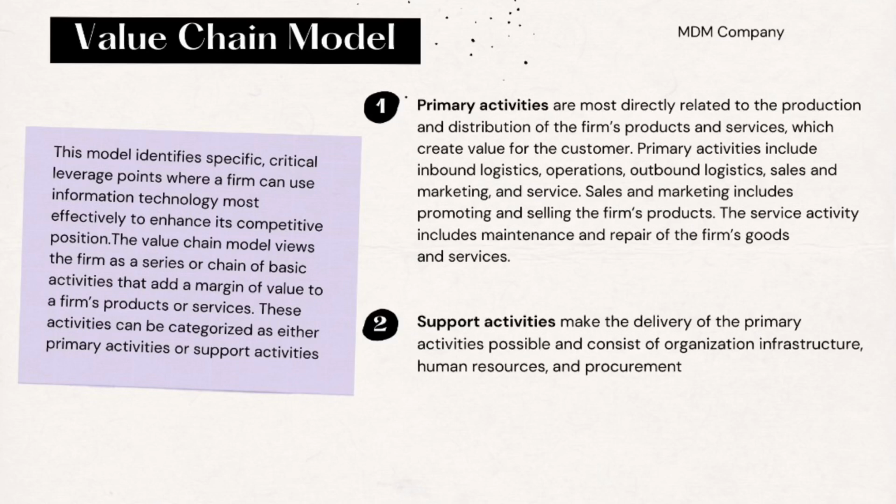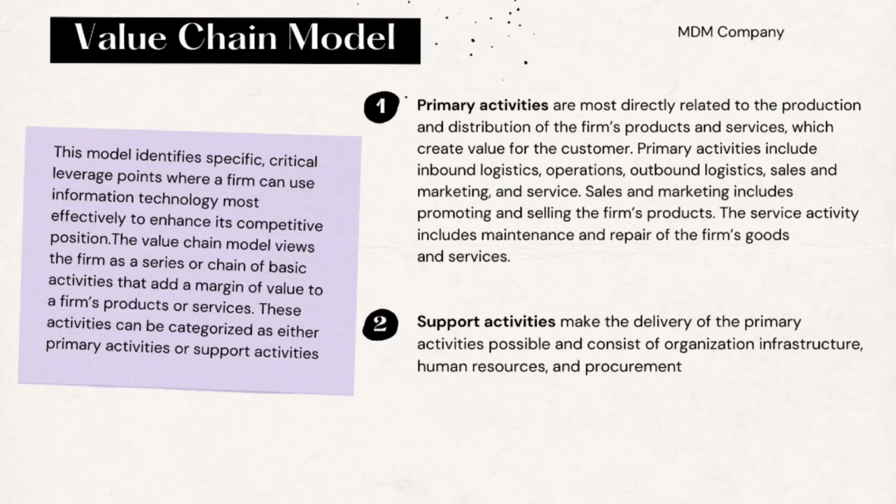Primary activities are most directly related to the production and distribution of the firm's products and services, which create value for the customer. Primary activities include inbound logistics, operations, outbound logistics, sales and marketing, and service. Sales and marketing includes promoting and selling the firm's products. The service activity includes maintenance and repair of the firm's goods and services.